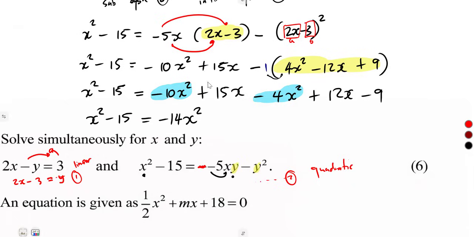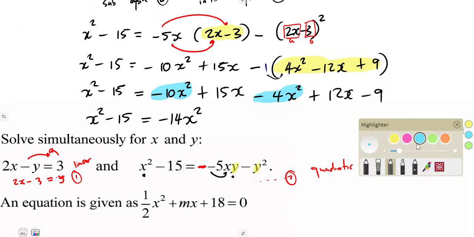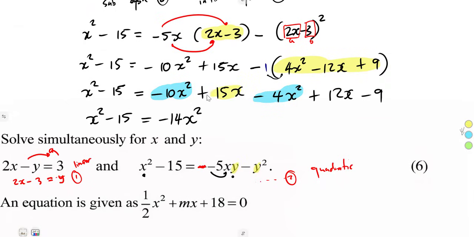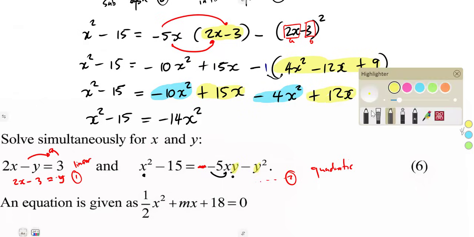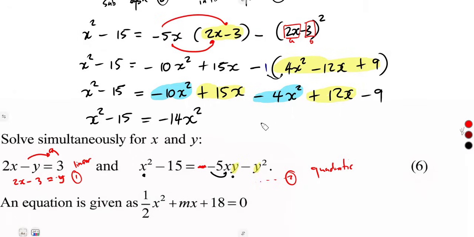Then we have got 15x and 12x. These are also like terms to be considered. You have to add these two. 15 plus 12 is going to give us 27, positive 27x. Then we've got a negative 9.